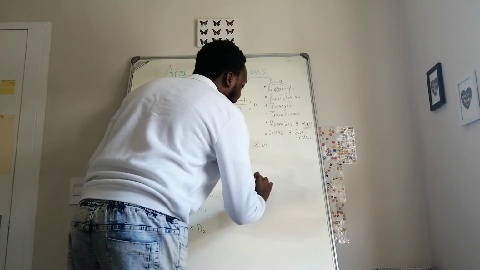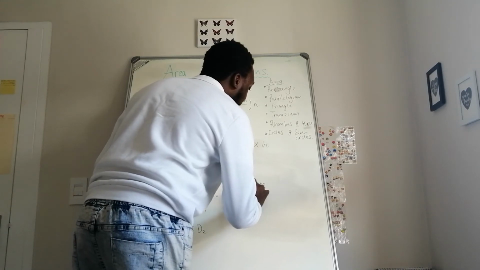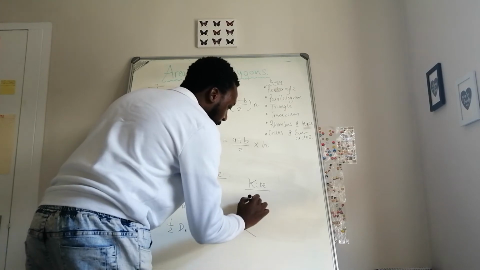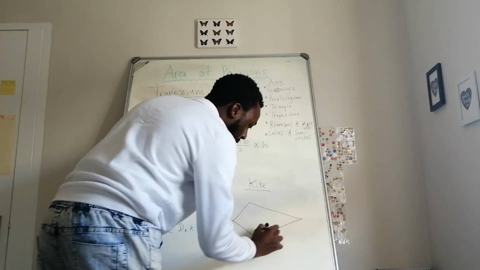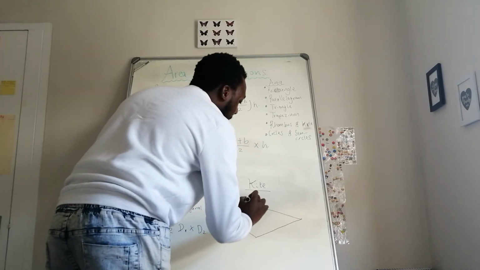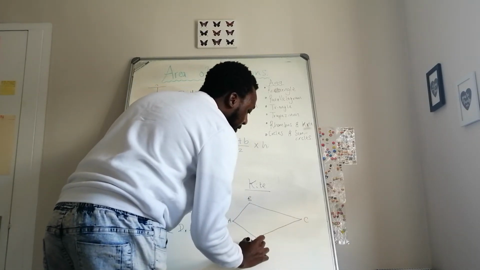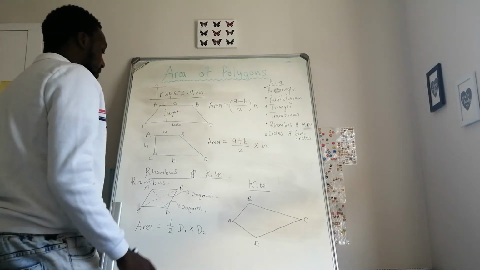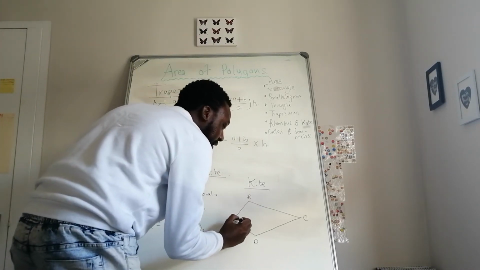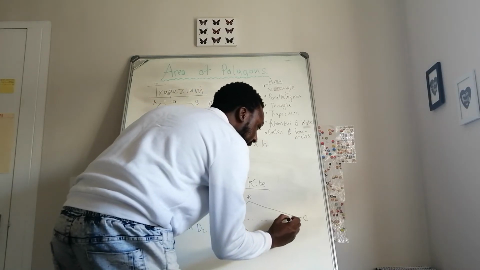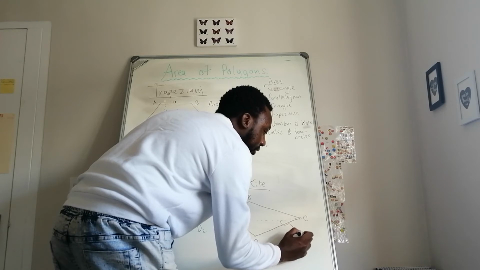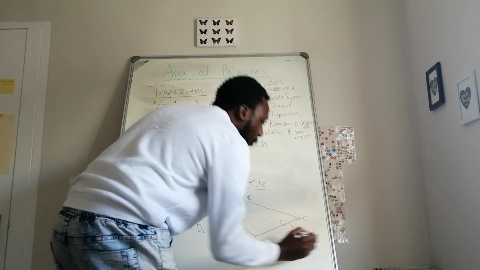And on the other hand, a kite, this is how a kite would look, right? Call this A, B, C, D. Here we're also interested in the diagonals, but obviously we're talking about the A to C diagonal. I'll call that diagonal 1.